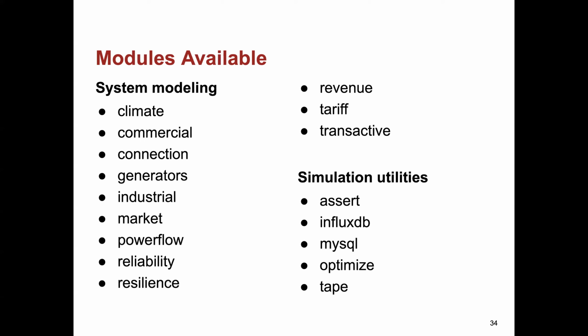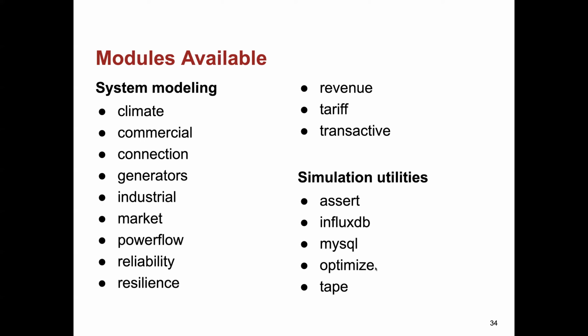Two databases, InfluxDB and MySQL. Different kinds of databases that have different characteristics. MySQL is a very common relational database system, and InfluxDB is really good for time series data collection.